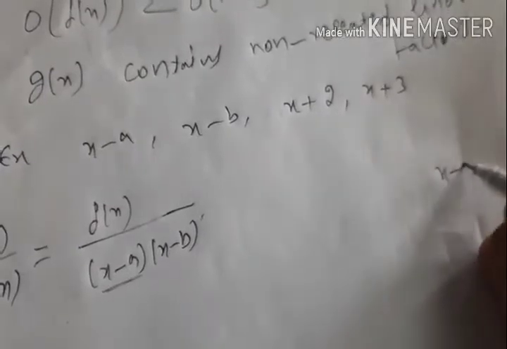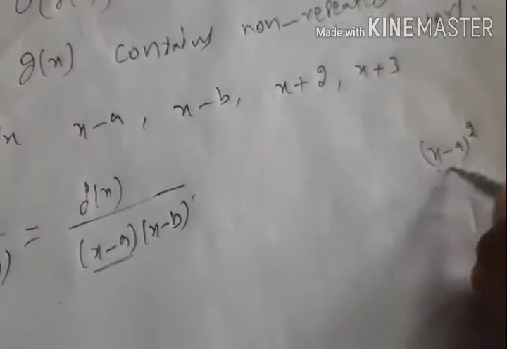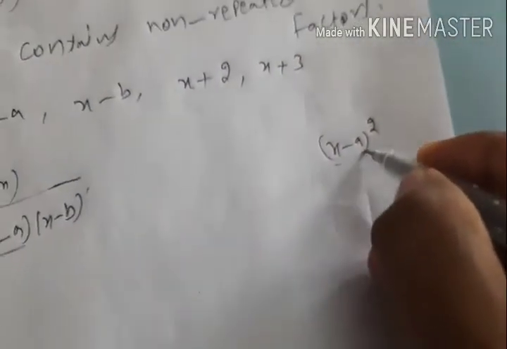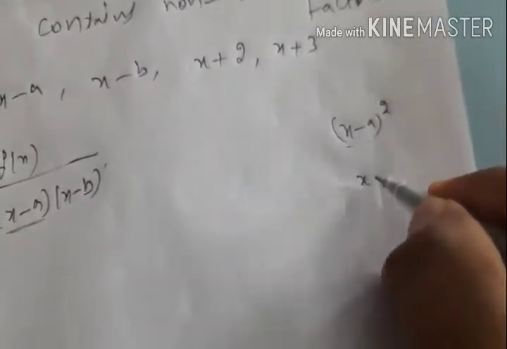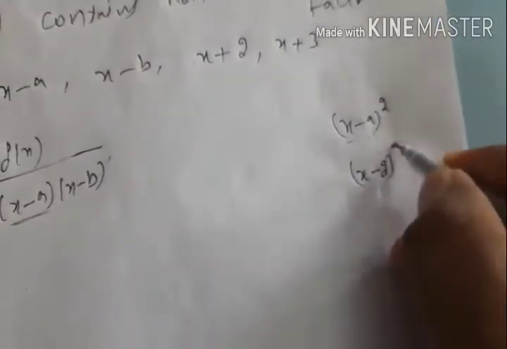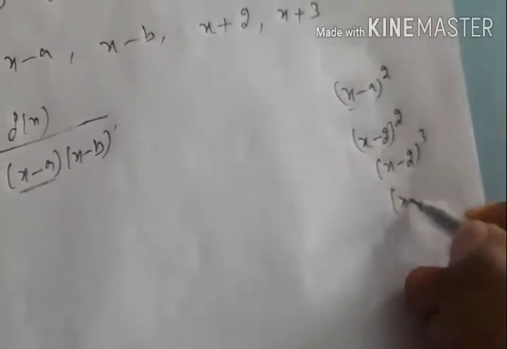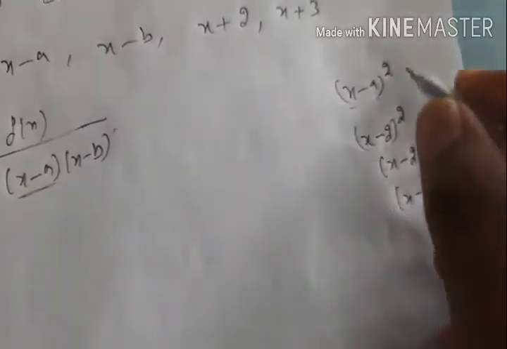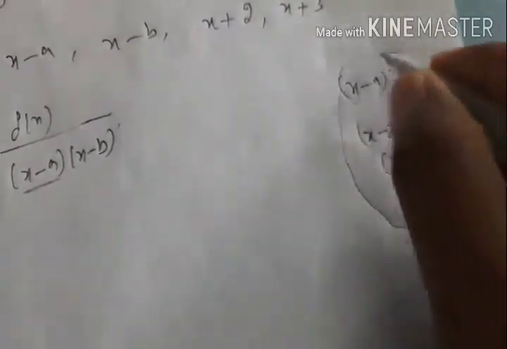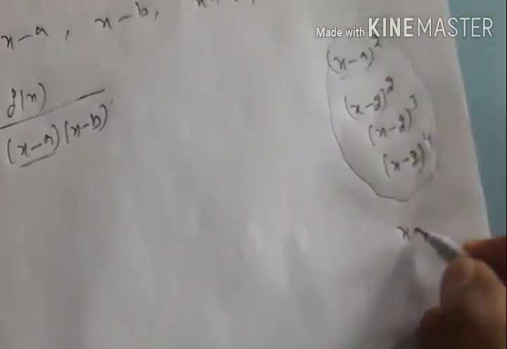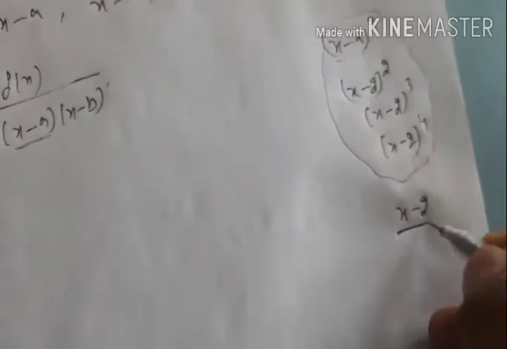If we have x minus a whole square, it is called a repeated linear factor, that means x minus 2 whole square, x minus 2 whole cube and x minus 2 whole power 4 are called repeated linear factors, while x minus 2 alone is a non-repeated linear factor.